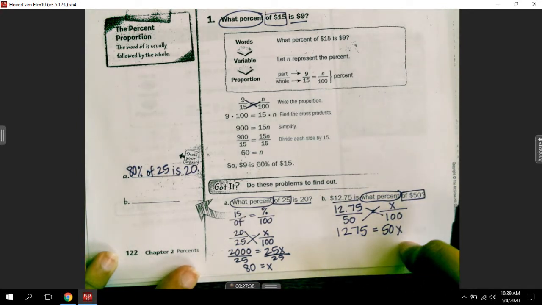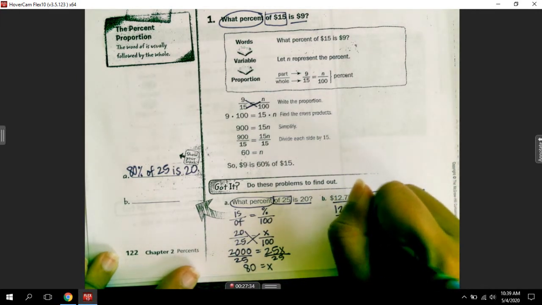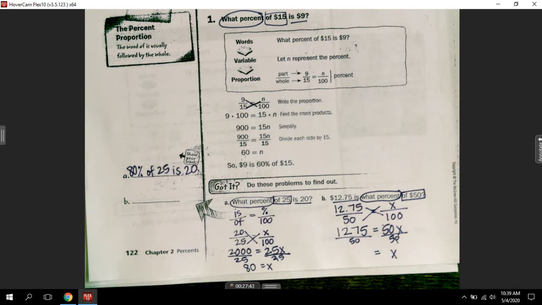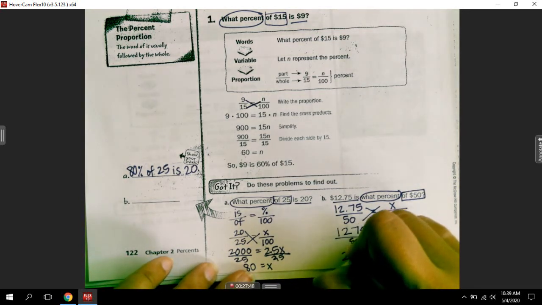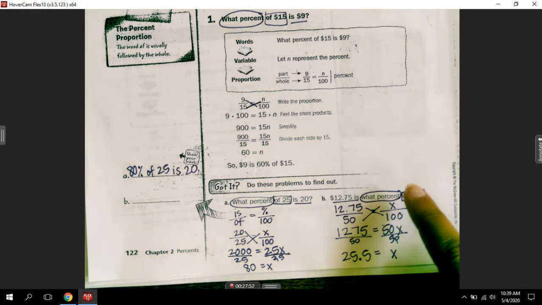So again, now this is the one-step equation. So you're going to divide both sides by 50. Remember, those cancel out. So that's why we do that. So x equals 1275 divided by 50, which is 25.5. Okay. So again, what did we find? We found the percent.